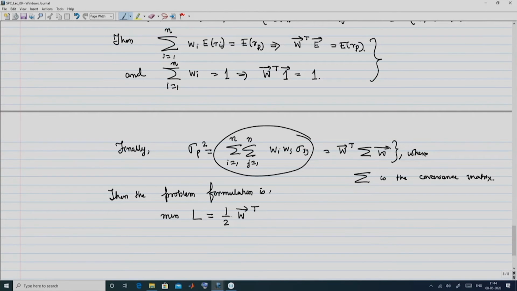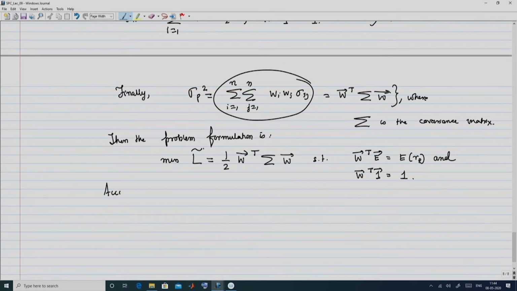So, we again take the factor of half times W transpose sigma W. Let me just call this L tilde. Such that these two constraints are satisfied. So, this will mean W transpose E is equal to E[Rp] and W transpose vector 1 is equal to 1.